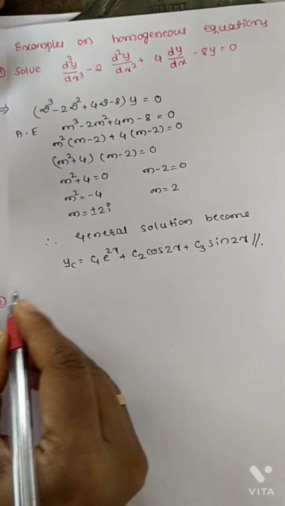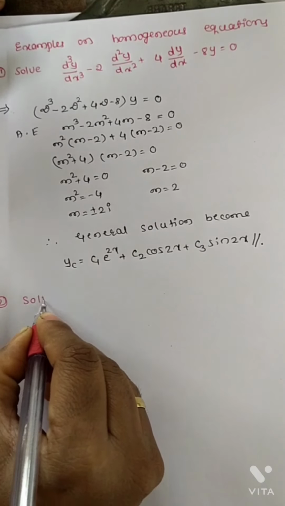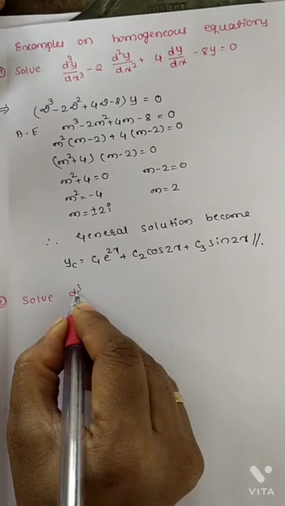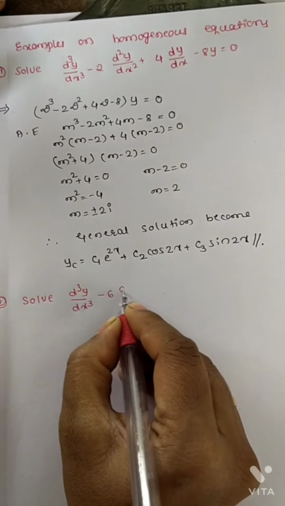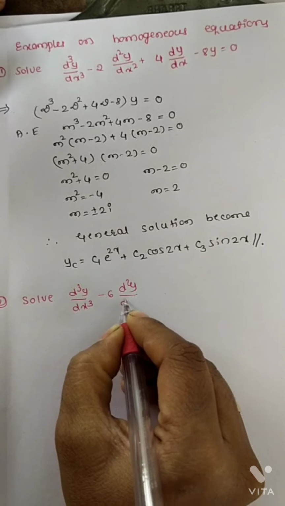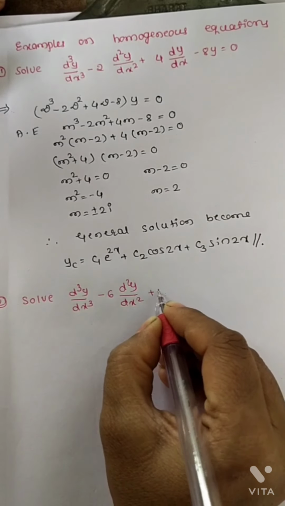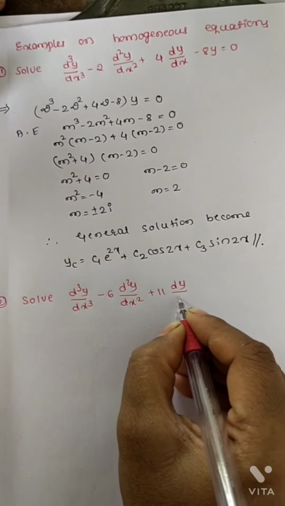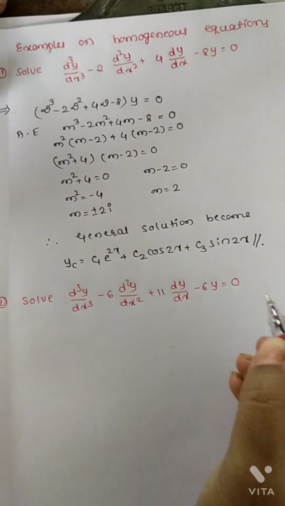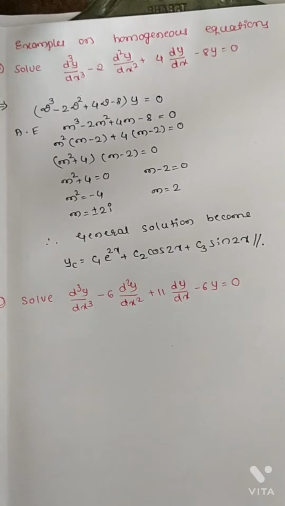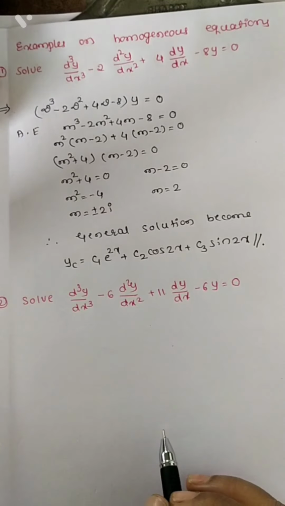Next, the second example is: solve d cube y by dx cube minus 6 d square y by dx square plus 11 dy by dx minus 6y is equal to 0. Now here again this is a homogeneous equation.